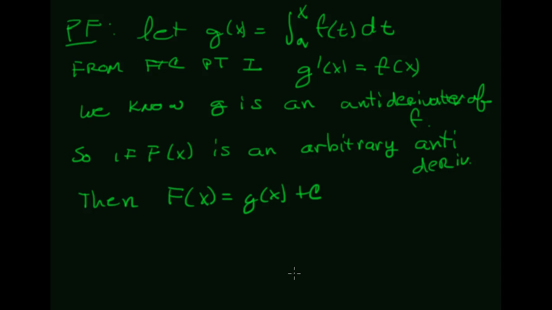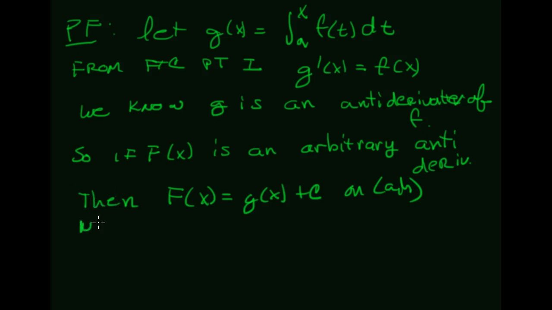Okay, so there's more than one antiderivative of every differentiable function or continuous function, but they all differ by a constant on [a, b]. Okay, so we're going to proceed from here, and we're going to show that things work.